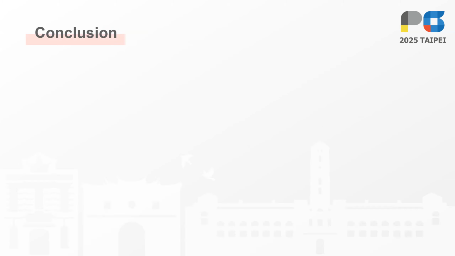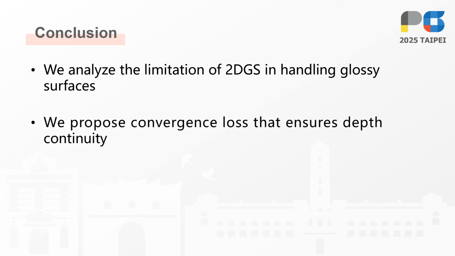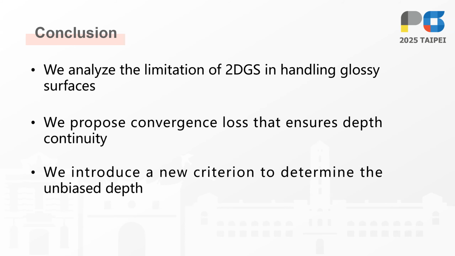In this work, we conducted a detailed analysis of the challenges faced by 2D GS when reconstructing glossy surfaces with specular highlights. To address these issues, we introduced two key solutions: a novel loss function that consolidates Gaussian primitives toward the true surface, and a new depth estimation strategy that robustly identifies surface locations even under strong specularity.